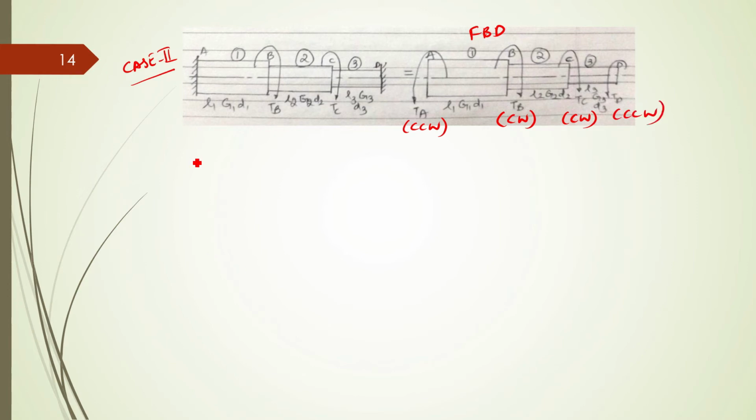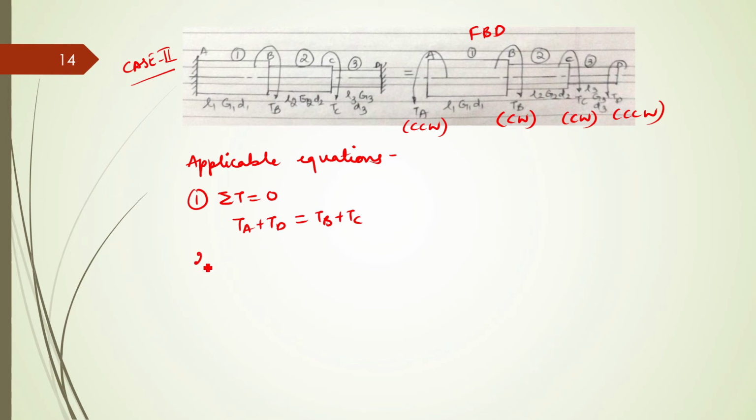So we will write the applicable equations again. The first one will be summation of torque over the entire body is 0. Since TA and TD are in the same direction as that of TB and TC, this will be my equation. Second one will be summation of theta over the entire body, that is from A to D, will be equal to 0.